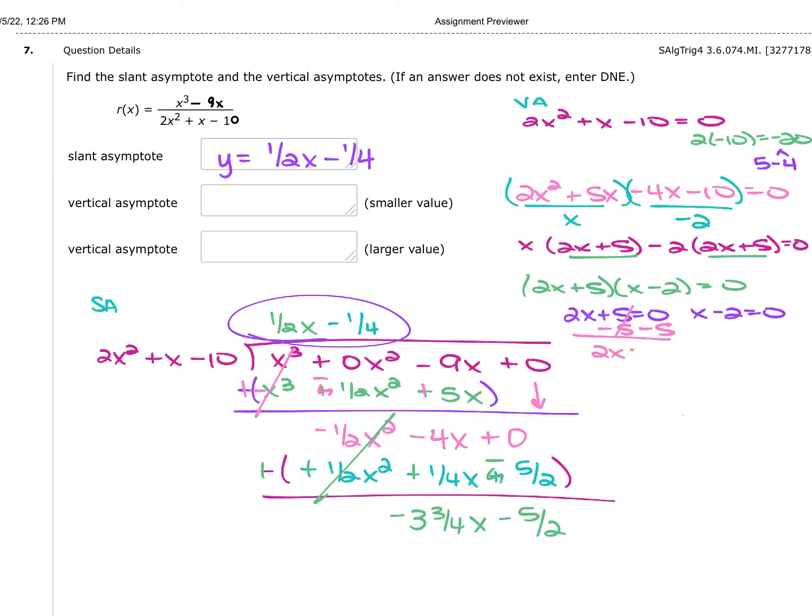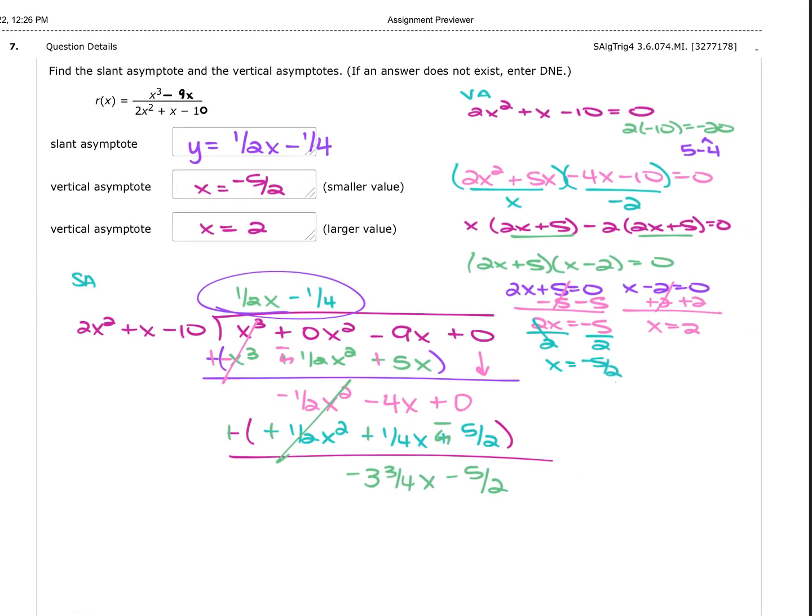You have 2x is equal to -5. Then divide each side by the 2. You have that x is equal to -5/2. For the x minus 2 is equal to 0, add your 2 over, and you have that x is equal to +2. So your vertical asymptotes are x is equal to -5/2 and x is equal to 2.